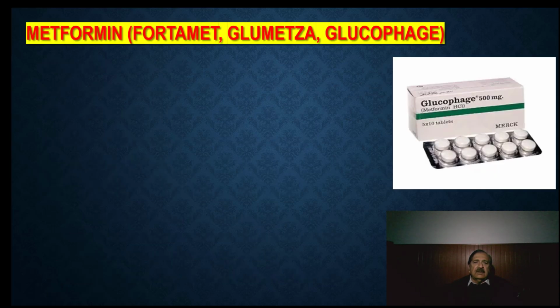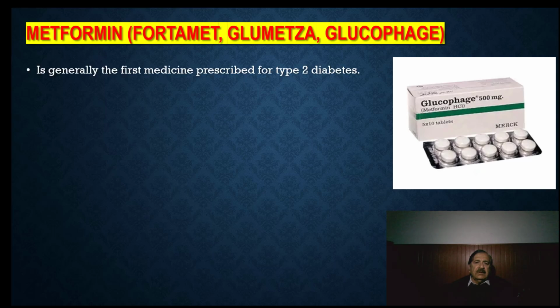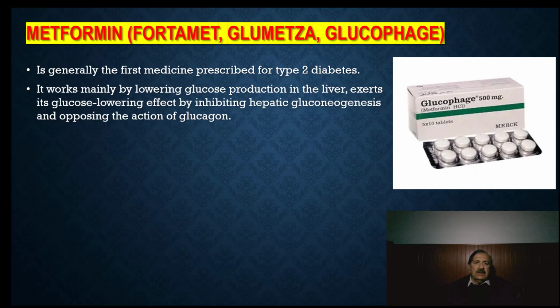The first and more commonly used drug is metformin, available under the names Glucophage, Glumetza, or Portamet. It is generally the first medicine prescribed for type 2 diabetes. It works mainly by lowering glucose production in the liver.